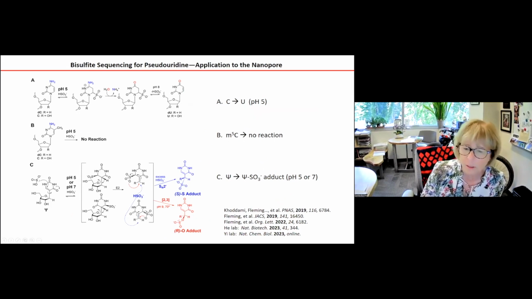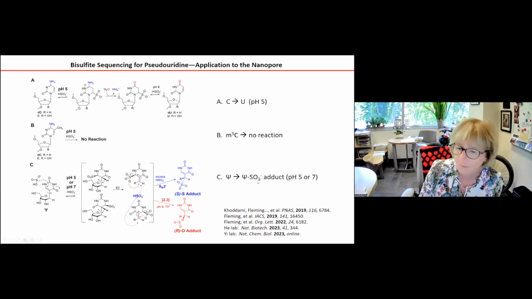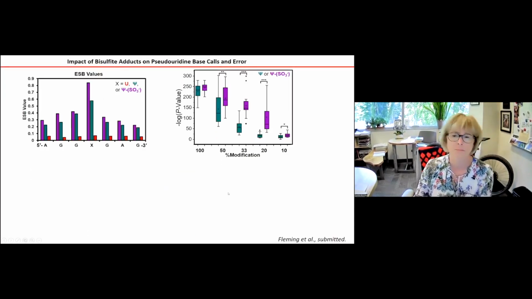But we found in collaboration with Brad Cairns a few years ago that pseudouridine also reacts with bisulfite. It does that very cleanly. And in fact, if you do it at pH 7, only bisulfite reacts to form an adduct that gives a very clean signature in high yield. This has recently been further developed by Tuan He and by Chen-Chi Yi's lab, and their procedures are now published.